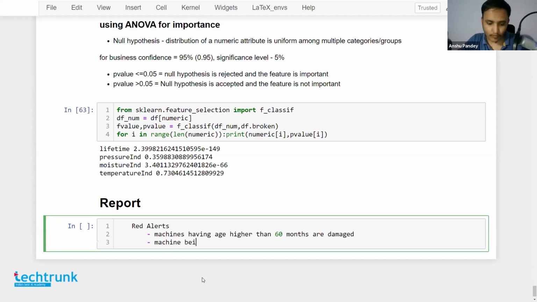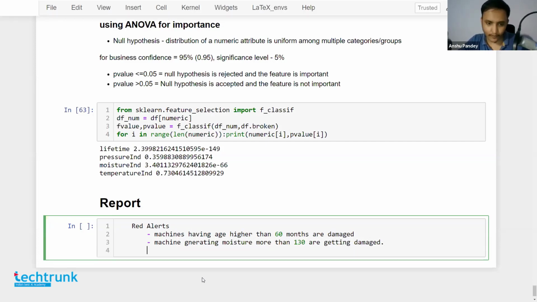Machines generating moisture more than 130 are getting damaged, possibly, right? That's if I'm not wrong with the figure.